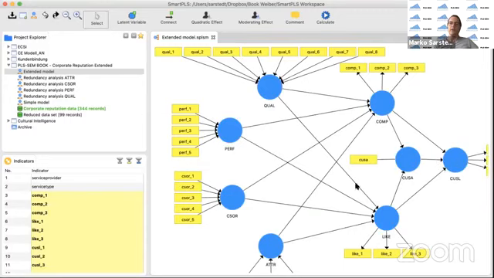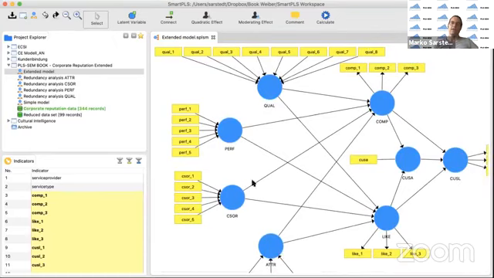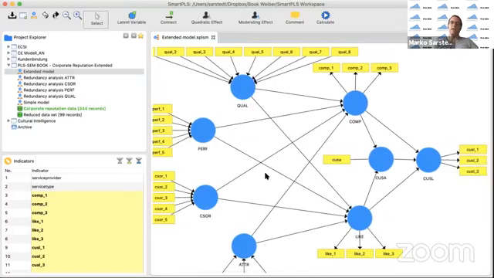This is customer loyalty. And here at the left-hand side, we have the antecedent constructs: quality, performance, corporate social responsibility. And down here, we have attractiveness. So this is just a different order of the constructs, and it looks a bit different with the colors, but it's exactly what we set up before.